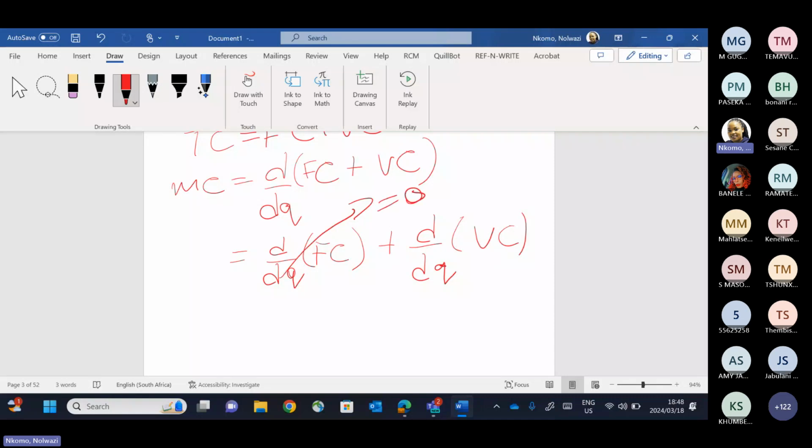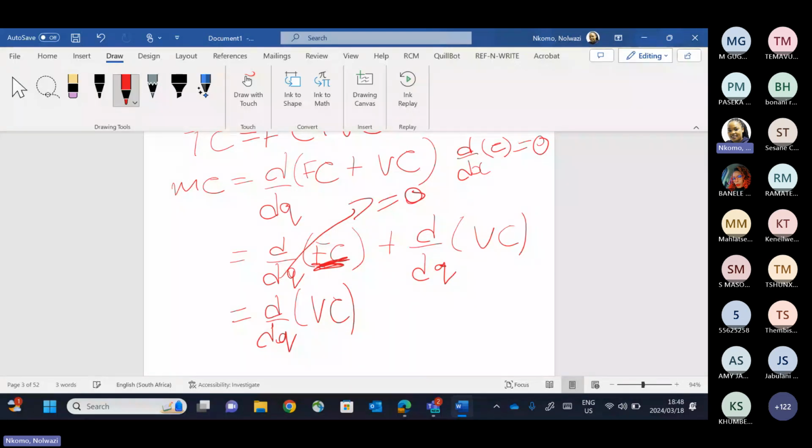Remember, the derivative of a constant is equal to 0. So the marginal cost is the same thing as the derivative of the variable cost, since the fixed cost is a constant and its derivative is 0.